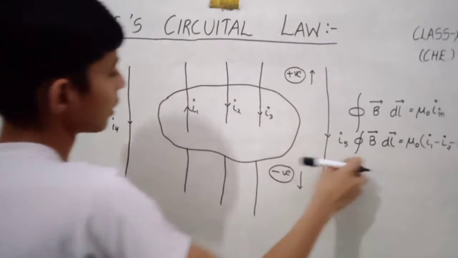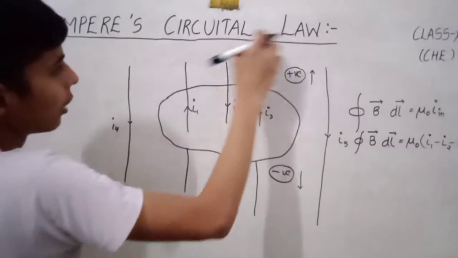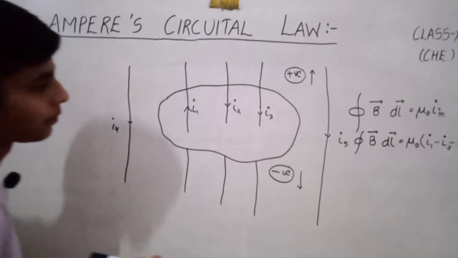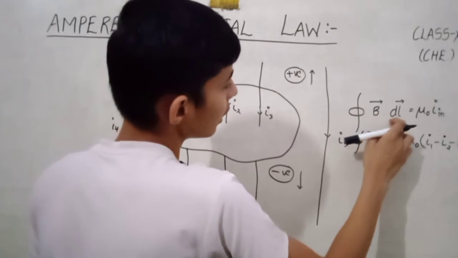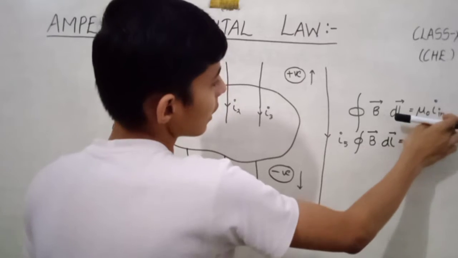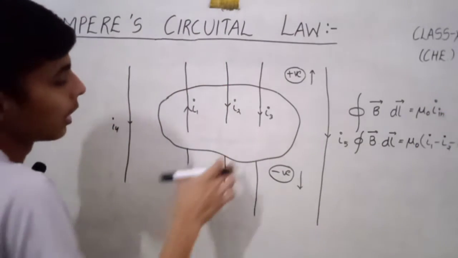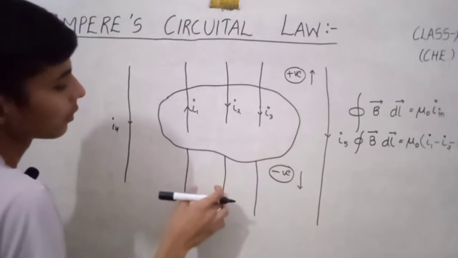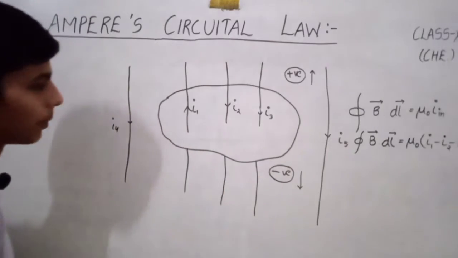So this is our expression for Ampere's circuital law. This law states that the closed integral of B dot dl equals mu naught I in, where I in denotes the current flowing through the Ampere's loop.